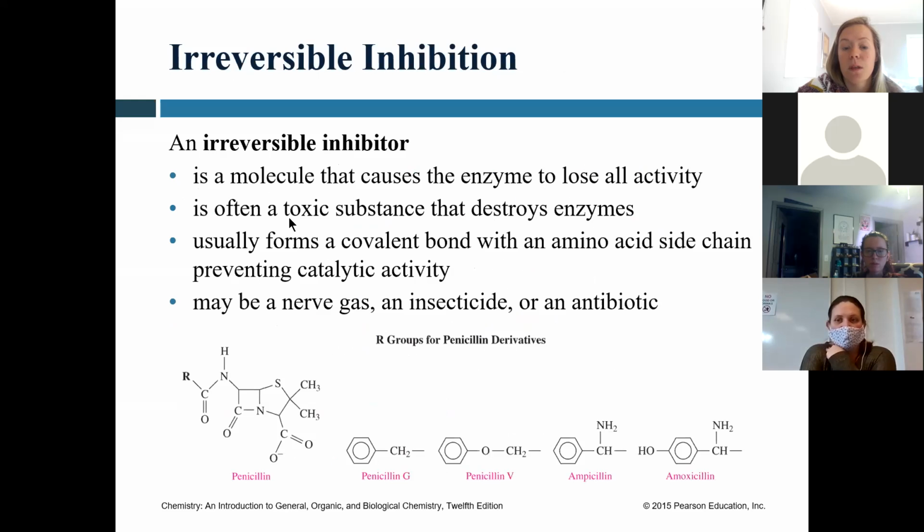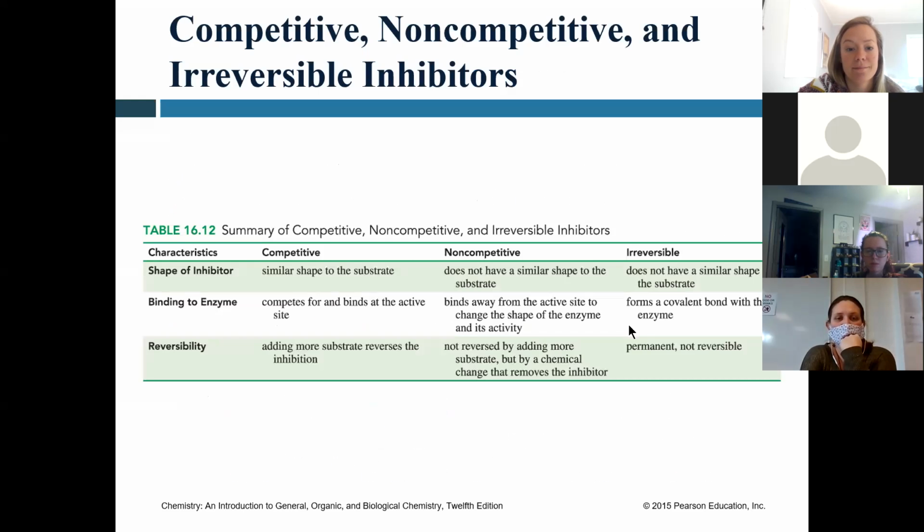It doesn't work anymore. We find this a lot in toxic substances. They'll just destroy the enzyme. A lot of times they form by covalent bonding with an amino acid side chain. So it destroys it. Not good. So here are some of the different types of inhibitors, which sort of summarizes everything that we talked about.